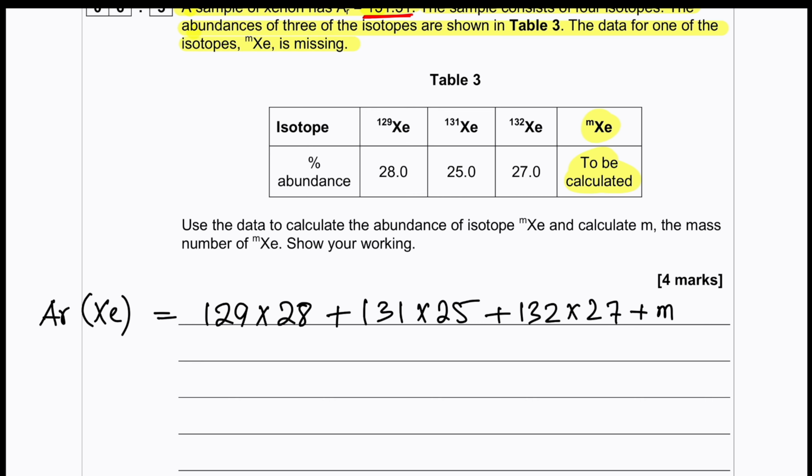We need the mass of M later, but we can always calculate its abundance from the given data. So Xe-M times its abundance.